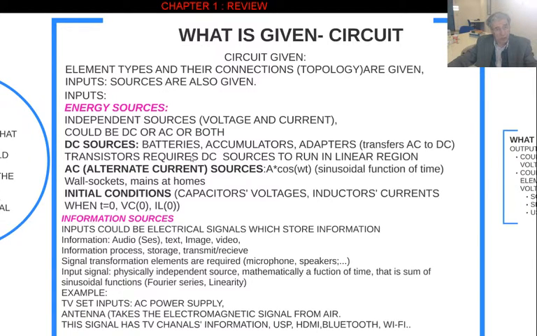One group is the energy sources, the other group is the information sources. What are those sources? Inputs could be electrical signals which store information. What is information? Audio. When we are talking, that's an audio signal. This is information.